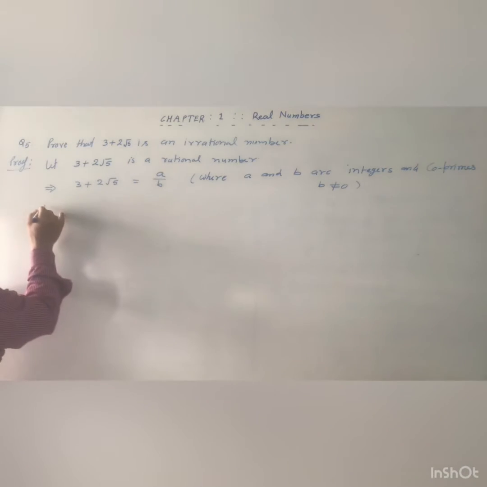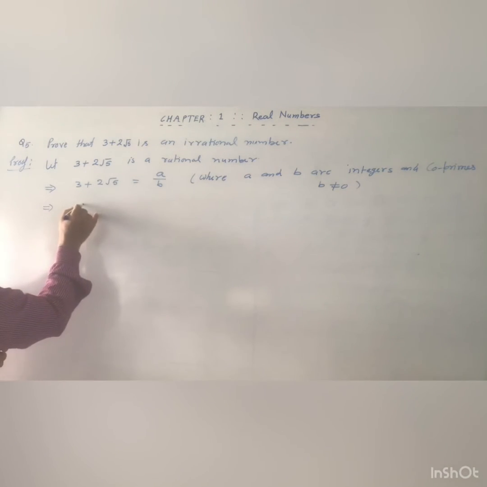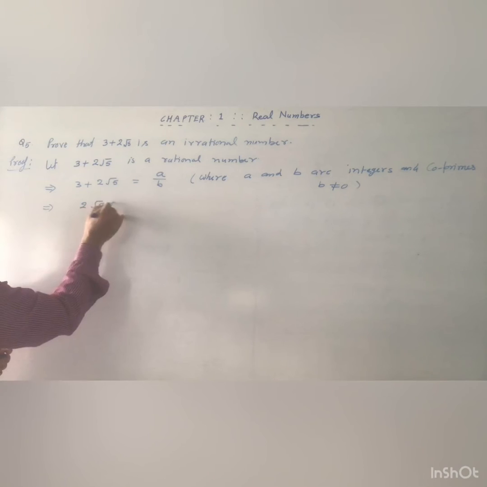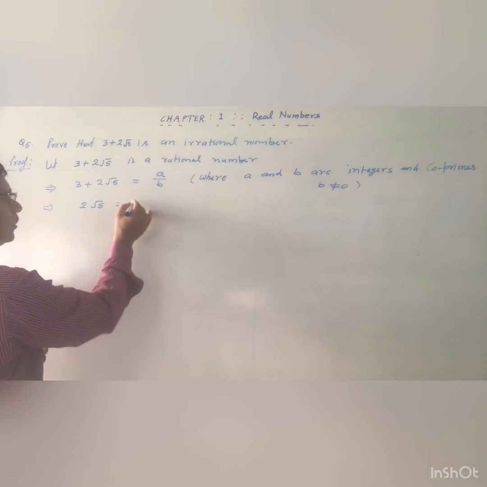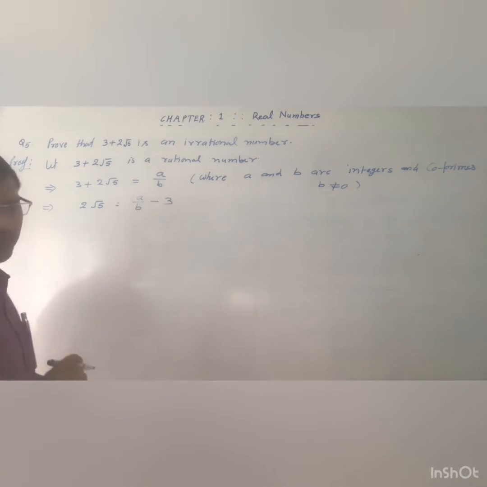Now we can write it as 2 under root 5 equal to A upon B minus 3, transposing this 3 to the left-hand side. Okay, this step is clear.